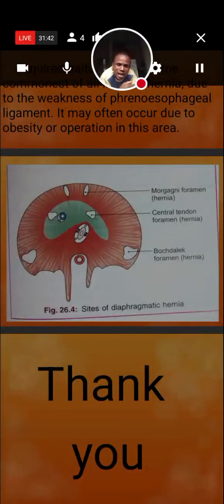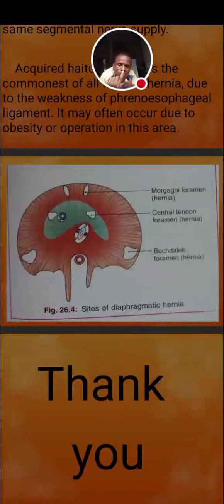So that is about that. Openings, 3: vena cava opening, oesophageal opening, aortic opening. These are 3 structures that create an opening in the diaphragm.